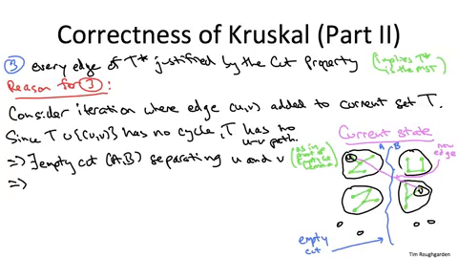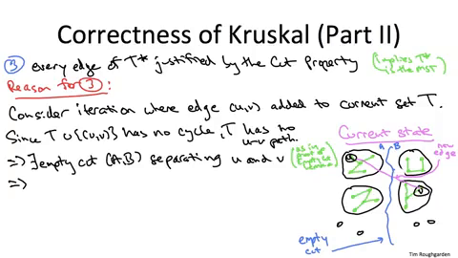Well, let's remember how we wrapped up the previous slide when we were arguing that the output of Kruskal's algorithm is connected. What did we argue? We said, fix any cut you like, any cut of the graph, and freeze Kruskal's algorithm the very first time it considers some edge crossing that cut. We noticed that Kruskal's algorithm is guaranteed to include that first edge crossing the cut in its final solution. There's no way that first edge considered can create a cycle with respect to the edges already chosen.